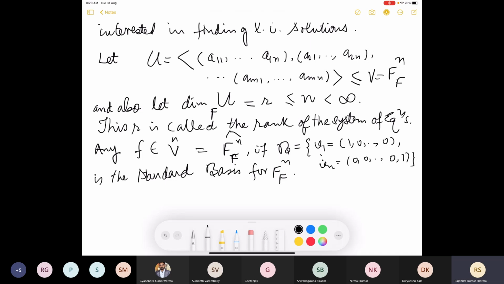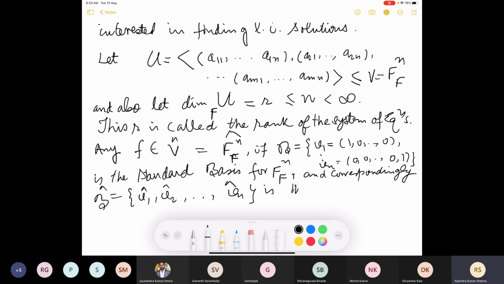And correspondingly, B hat, which is v1 hat, v2 hat, and let us say vn hat, is the standard ordered basis for V hat over F. So any f in V hat therefore is a linear combination of these vectors v1 hat, v2 hat, vn hat.